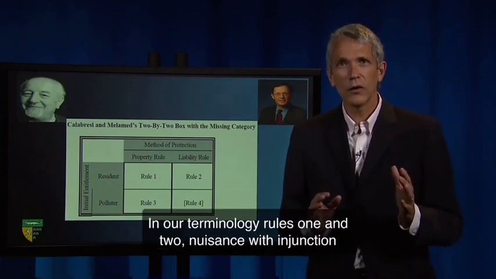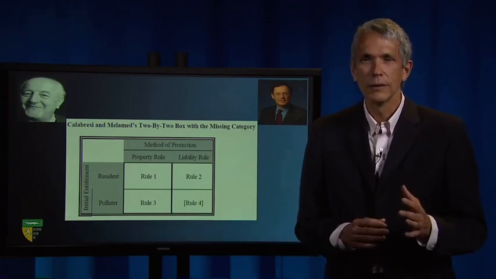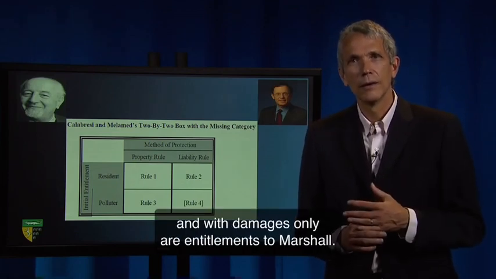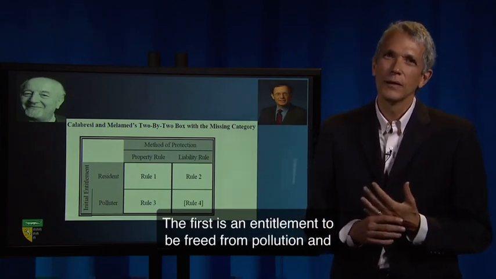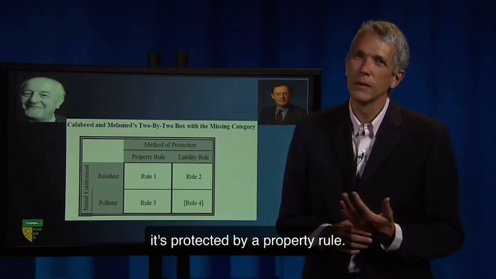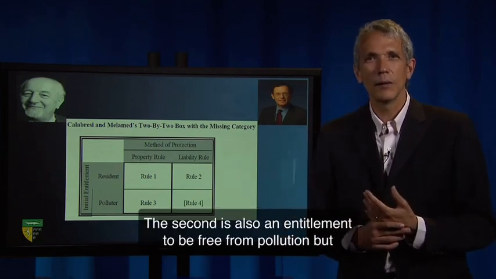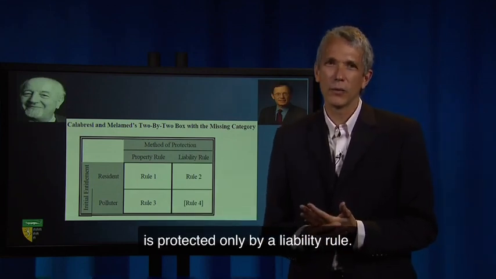In our terminology, rules 1 and 2, nuisance with injunction and with damages only, are entitlements to Marshall. The first is an entitlement to be free from pollution and is protected by a property rule. The second is also an entitlement to be free from pollution, but is protected only by a liability rule.